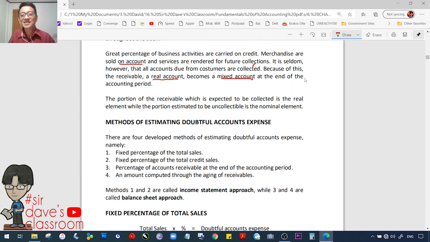Dahil daw hindi lahat nasisingil, yung receivable account, which is supposed to be 100% real account, becomes a mixed account. Kasi yung portion na hindi na makukolekta, it becomes nominal account. The portion of the receivable which is expected to be collected remains to be real, and the portion determined to be uncollectible is labeled as nominal element.